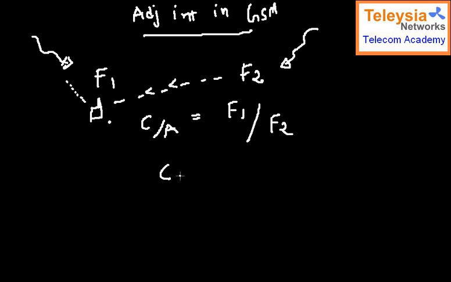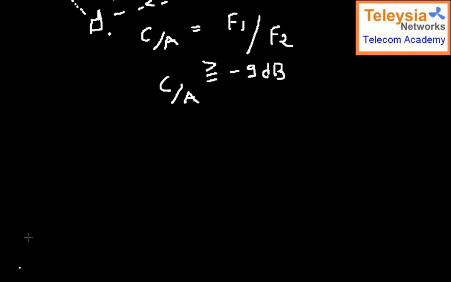So let us see what exactly we have to maintain for C by A in GSM. C by A is supposed to be equal to or greater than minus 9 dB. What is the meaning of this minus 9 dB? Let us simplify this equation in more detail. If you maintain even minus 9 dB, it is good across the network.